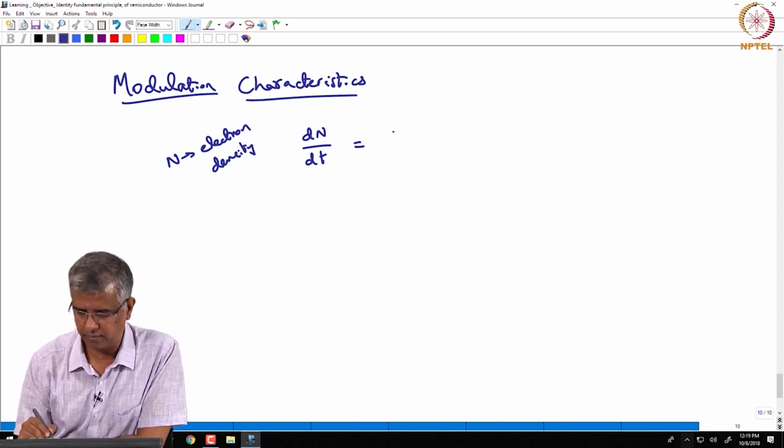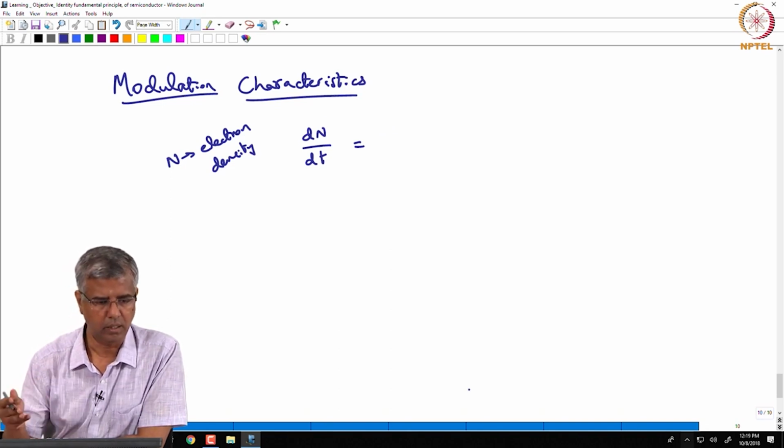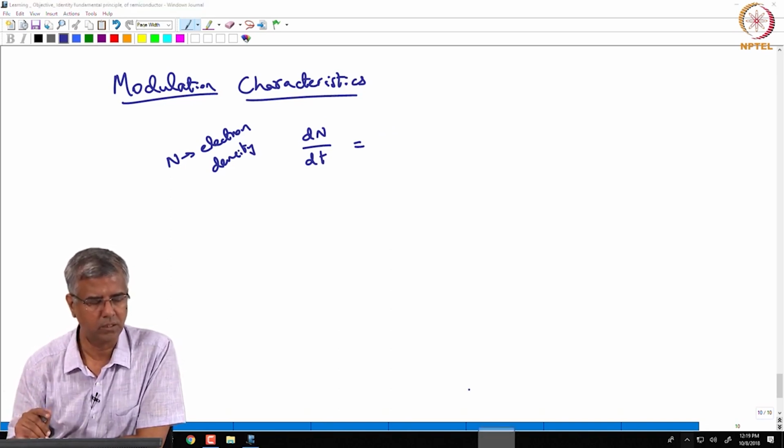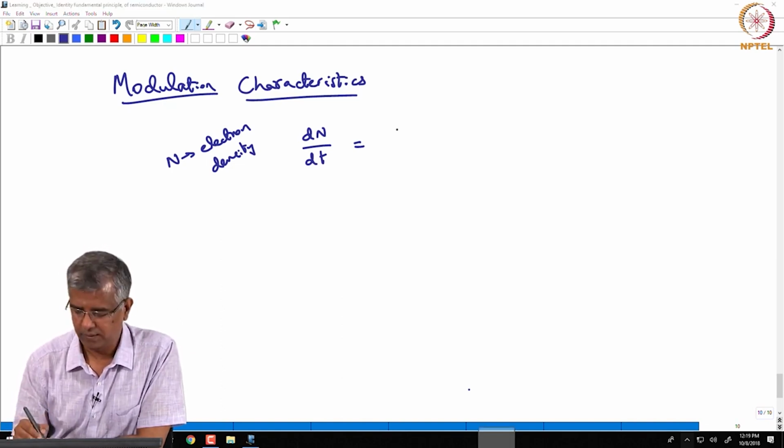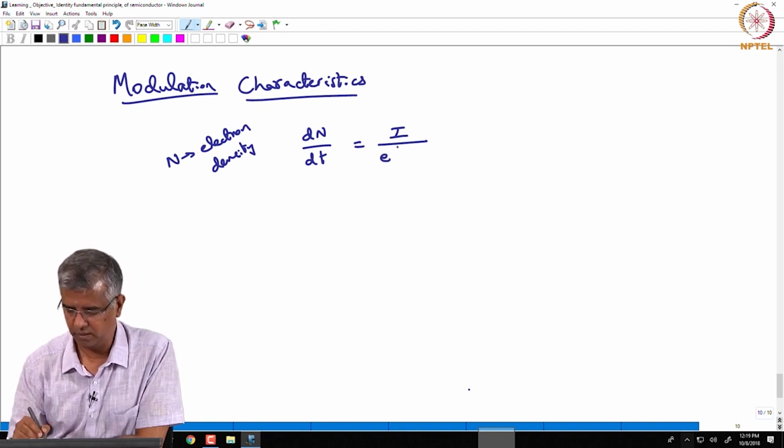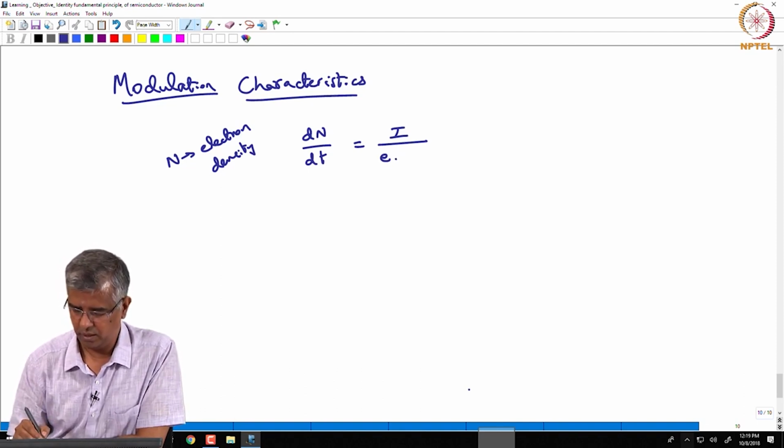I will say that that is going to be dependent on the rate at which carriers are injected into the structure. So, what is the carrier rate? I upon q, very good. Well, we decided to represent the charge as electronic charge E, so I upon E, and this is per unit volume.